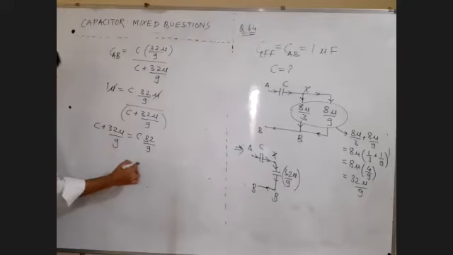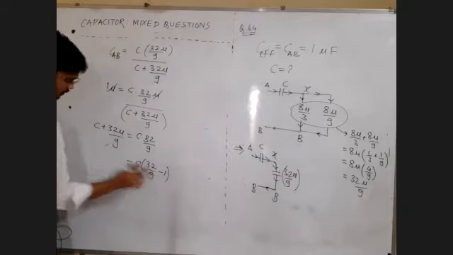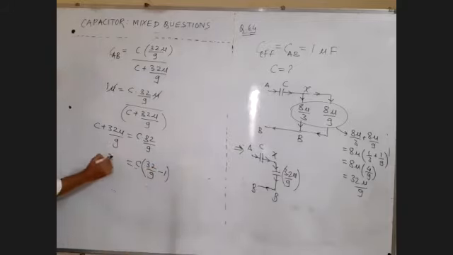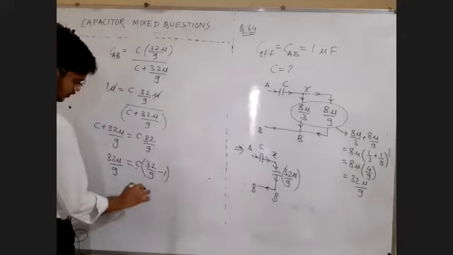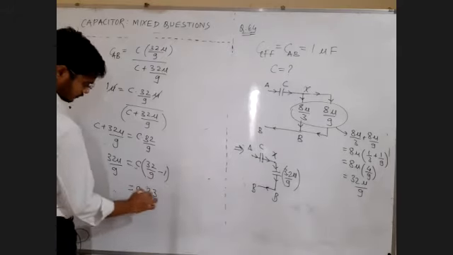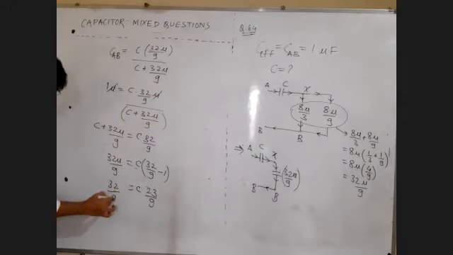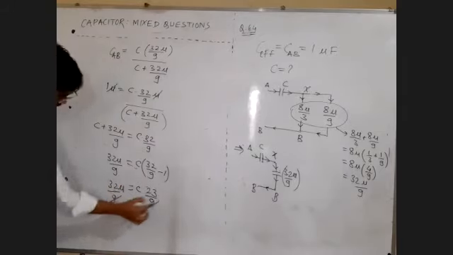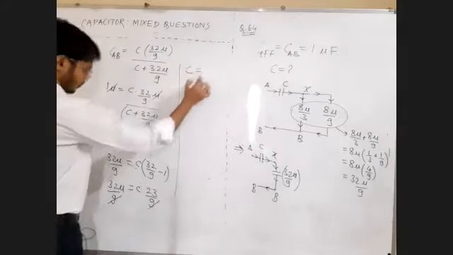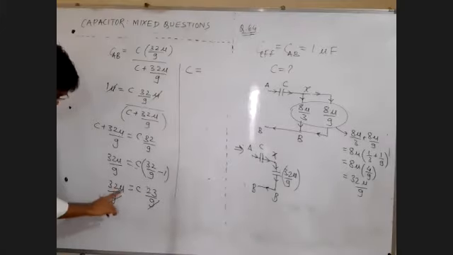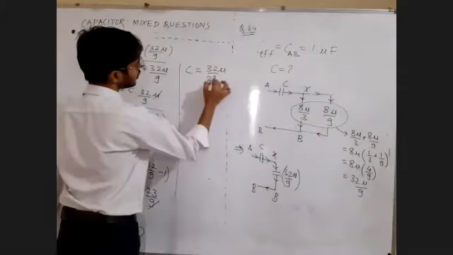So C common, 32 upon 9. This C on the right hand side minus 1. This 32 micro by 9 as it is. 32 minus 9 is 23 upon 9. Don't forget micro. 9 cancels. C is equal to 32 micro upon 23. That's my answer.